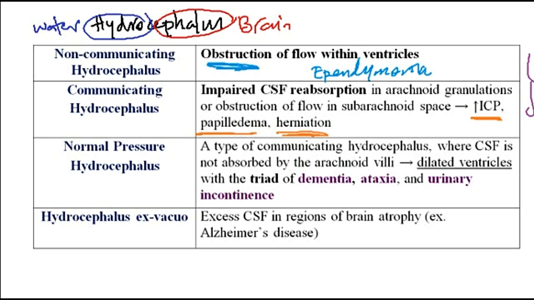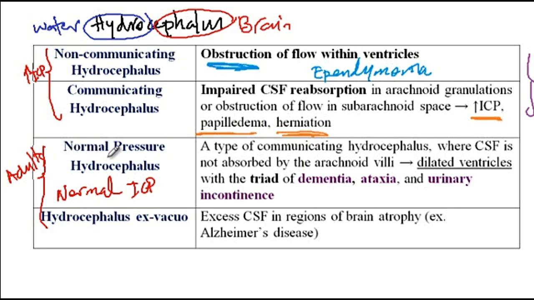The next condition is normal pressure hydrocephalus. So while the first two were associated with elevated intracranial pressure and were seen in children, the other two conditions that I'm going to discuss are more common in adults and are associated with normal intracranial pressure, as the name implies.